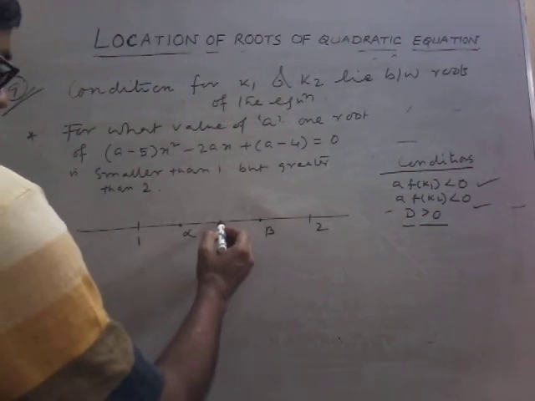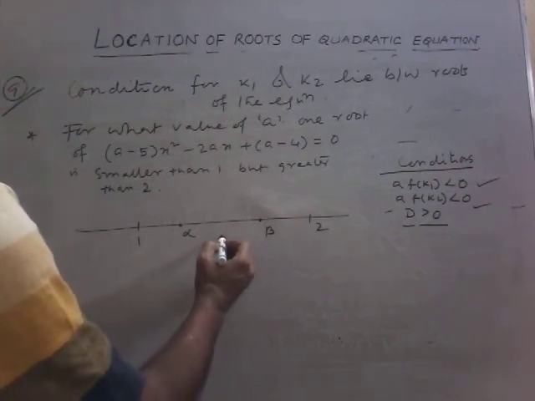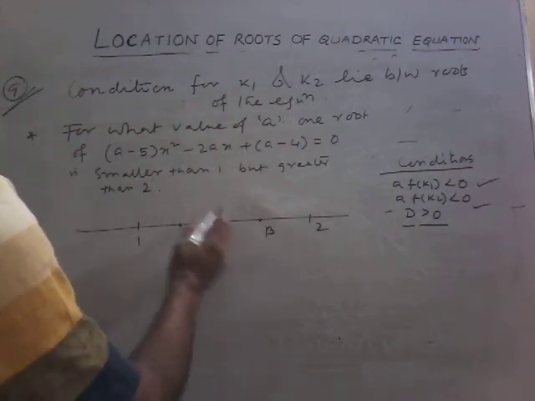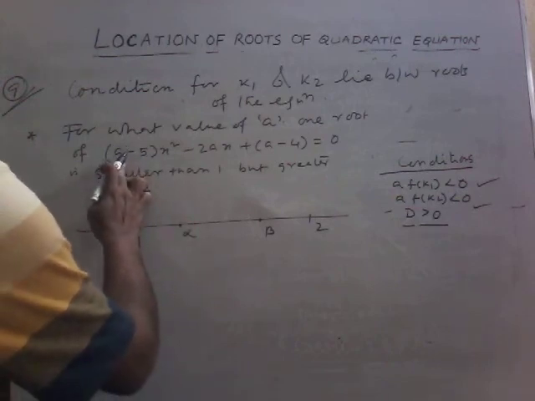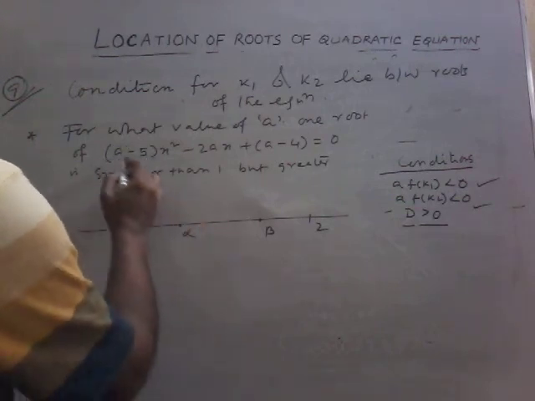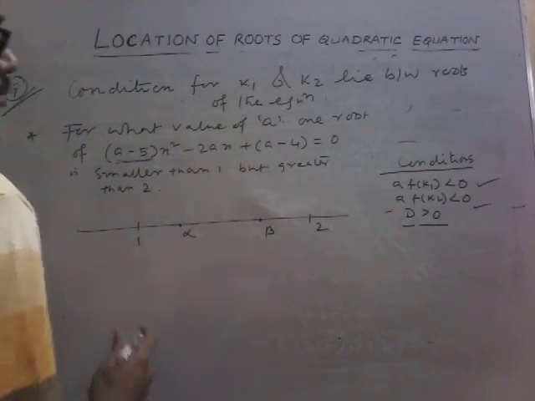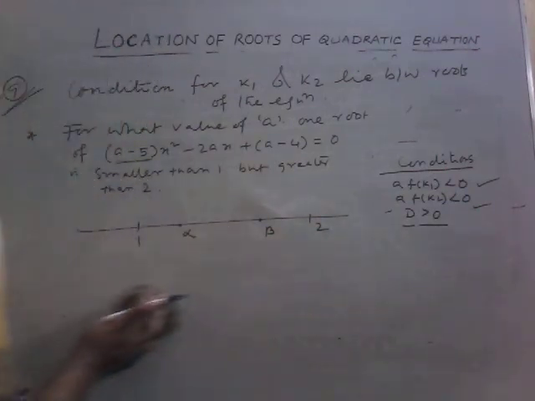So the figure will be like that. Here a is replaced by a minus 5.